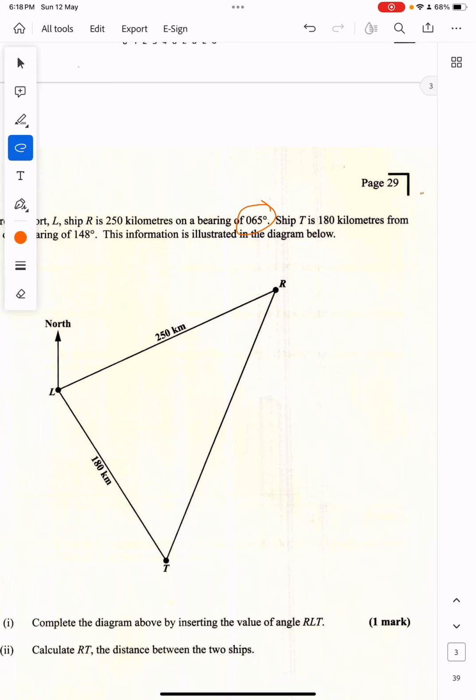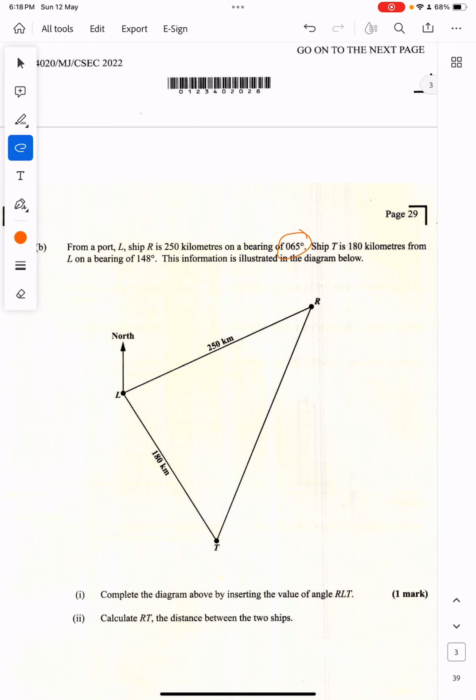So even if it's like 65 degrees, put a 0 before it to make sure that it's 3 digits. Bearings are always given in 3 digits. Ship T is 180 kilometers from L on a bearing of 148 degrees.